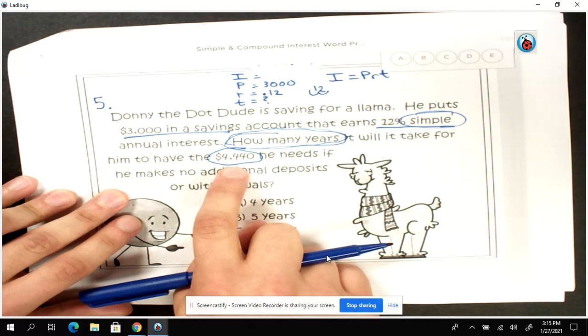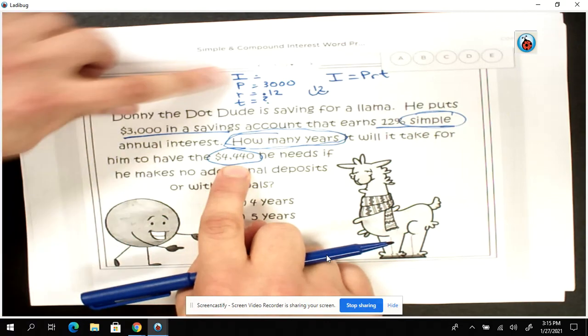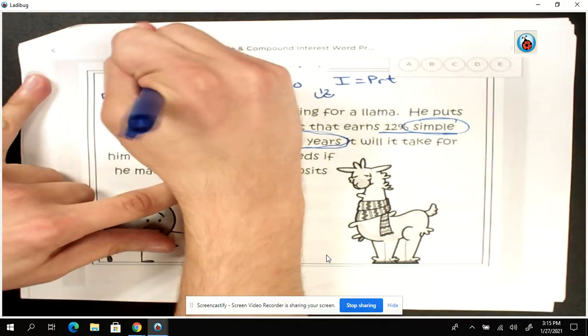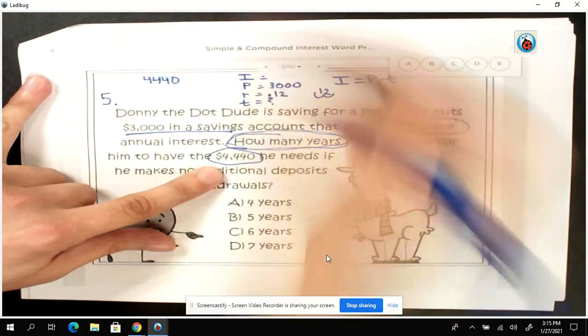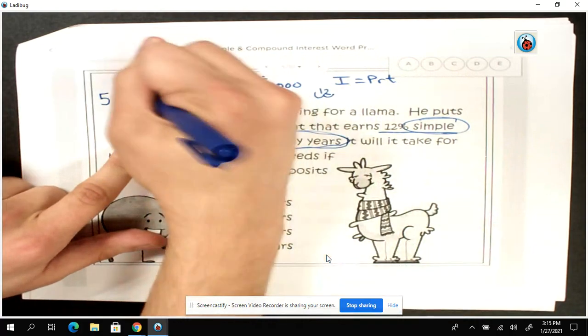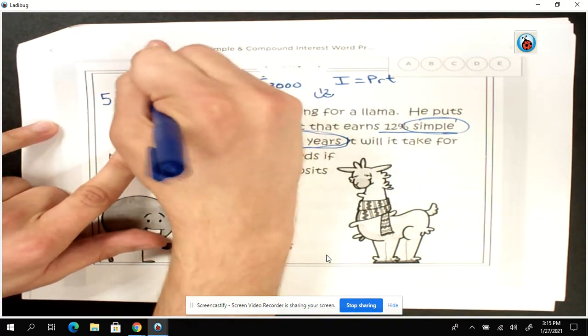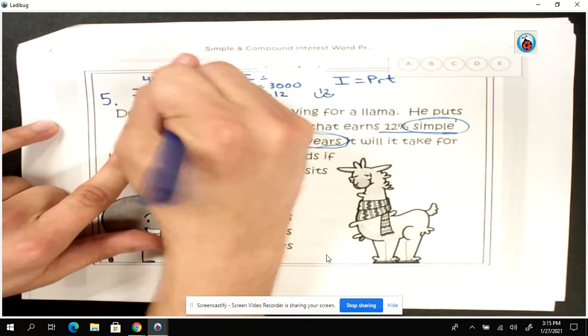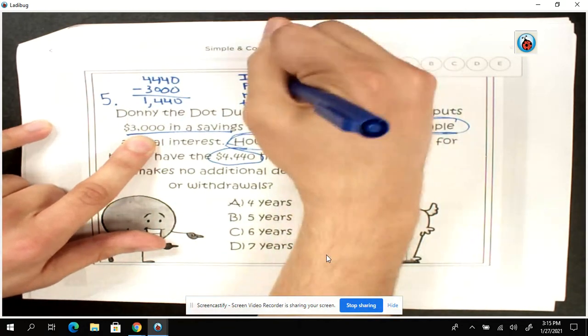So in order to get just the interest, we take 4,440, subtract the principal, and you should get 1,440 for the interest. We can go ahead and fill that in.